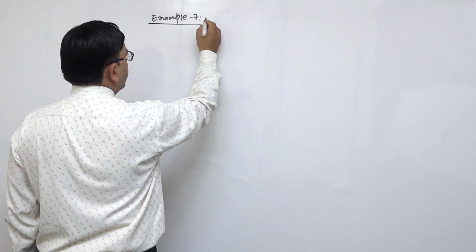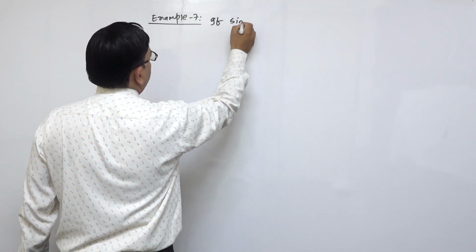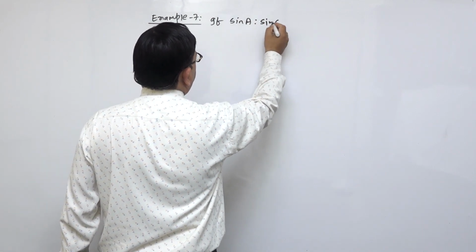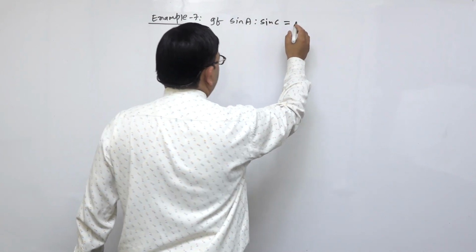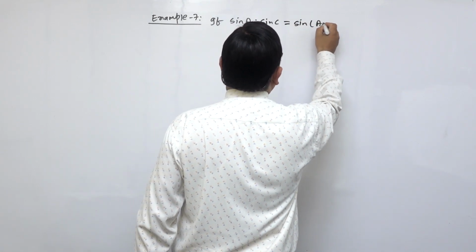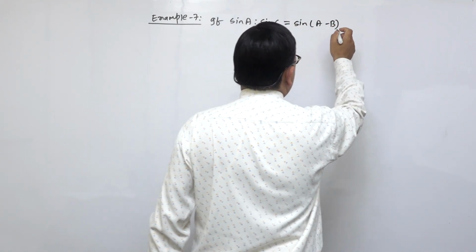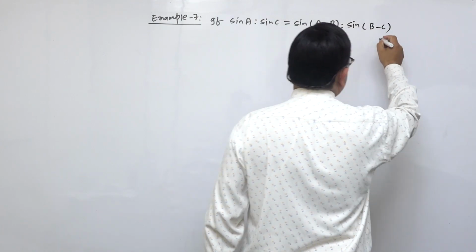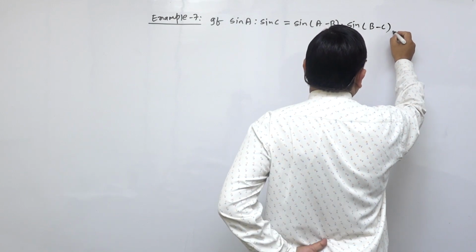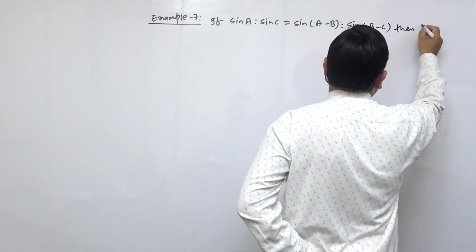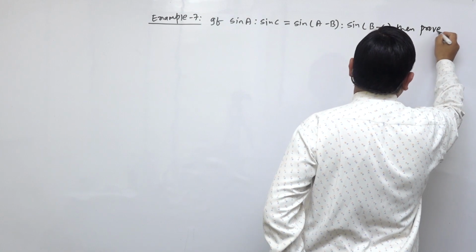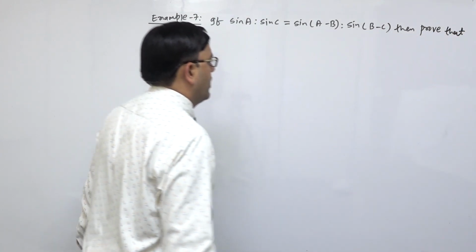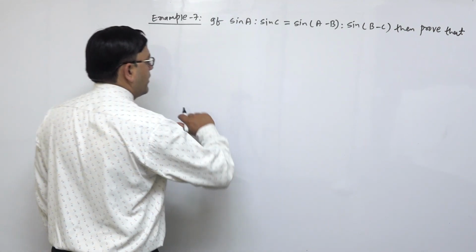Example 7: if sin A upon sin C is equal to sin(A minus B) upon sin(B minus C), then prove that A square, B square, C square are in AP.